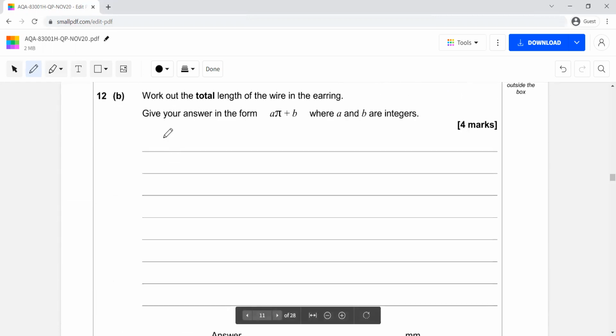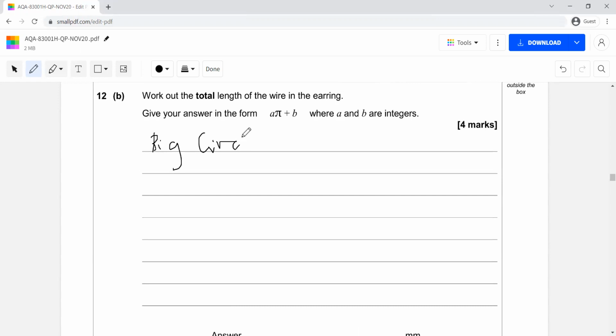So for the big circle, we use the formula circumference is given by pi times diameter. So it's pi times 42 because the radius is 21. So it's 42 pi.